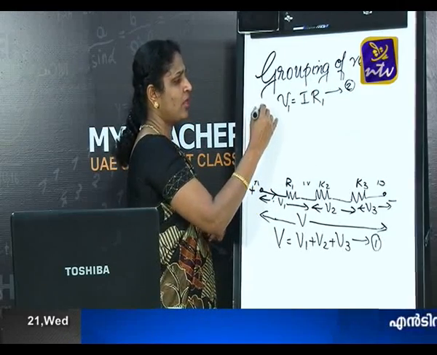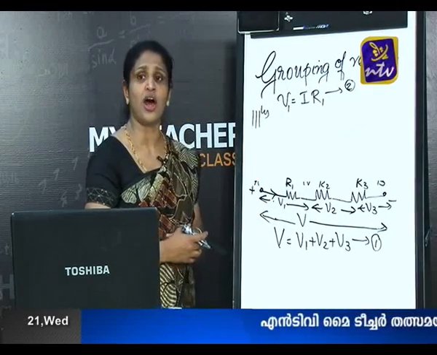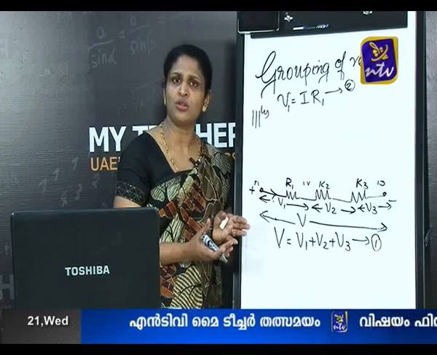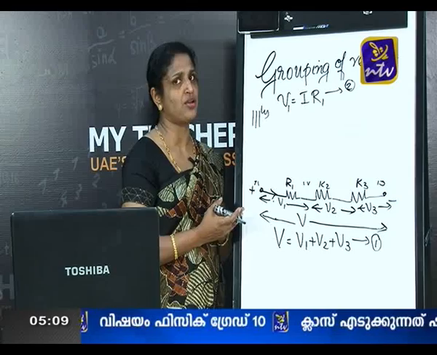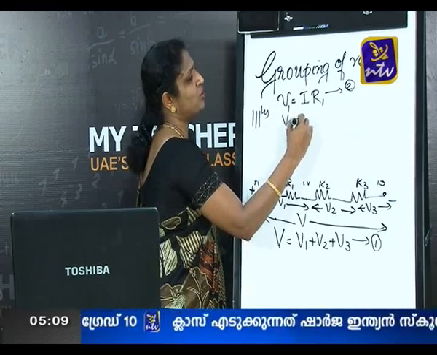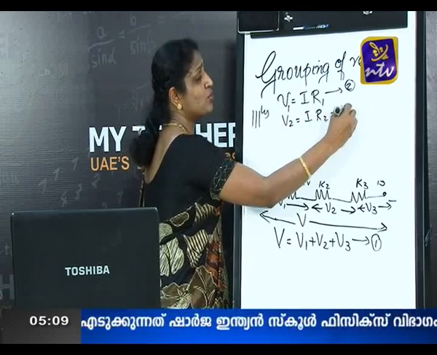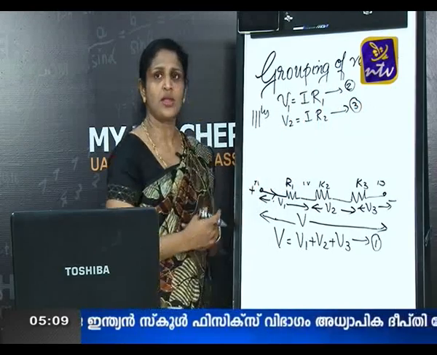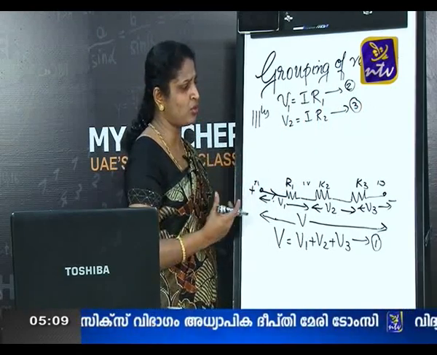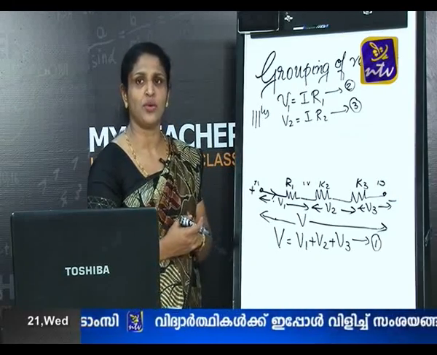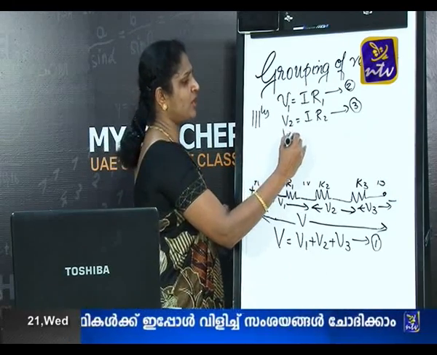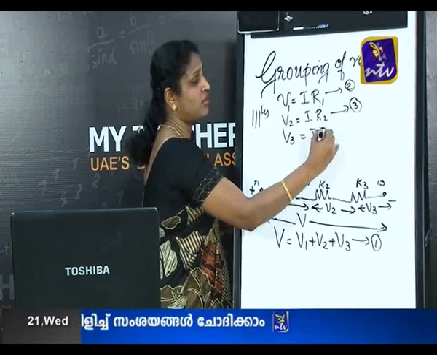Similarly, V2 is equal to IR2, equation number 3. Again, the current through R3 is I and the potential difference across R3 is V3, so V3 is IR3, equation number 4.